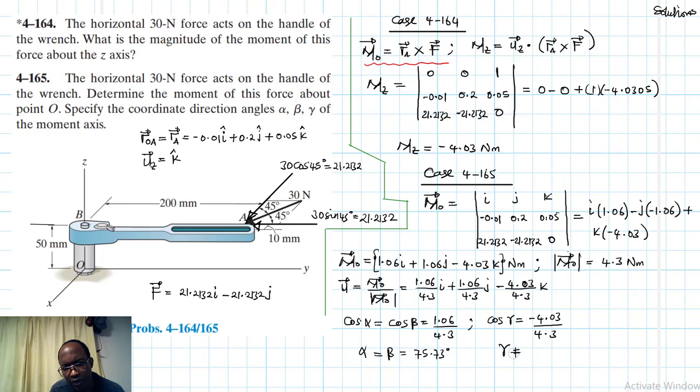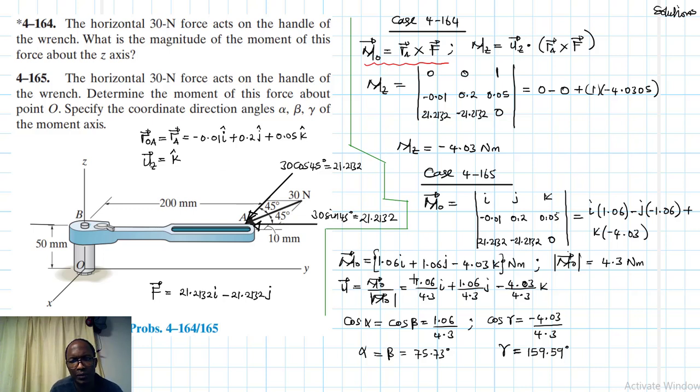Gamma, therefore, is cos inverse of minus 4.03 divided by 4.3, which gives us 159.59 degrees.